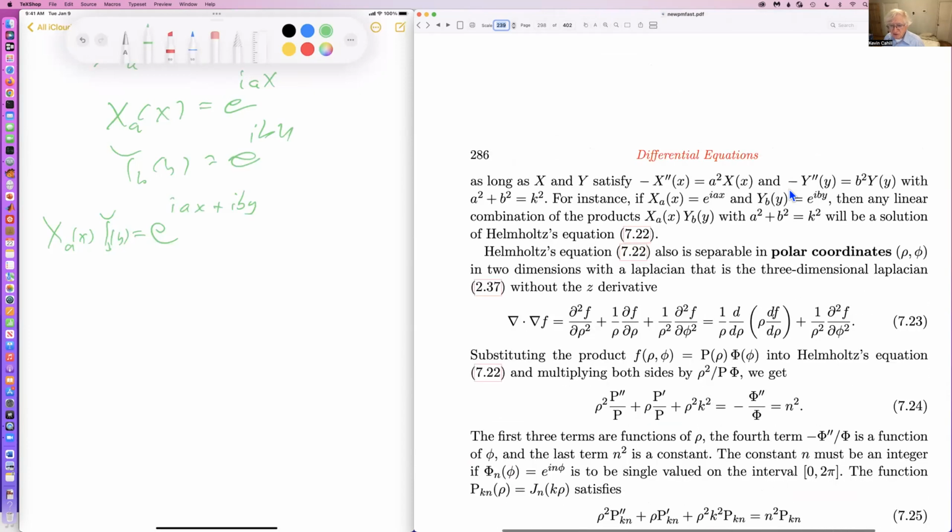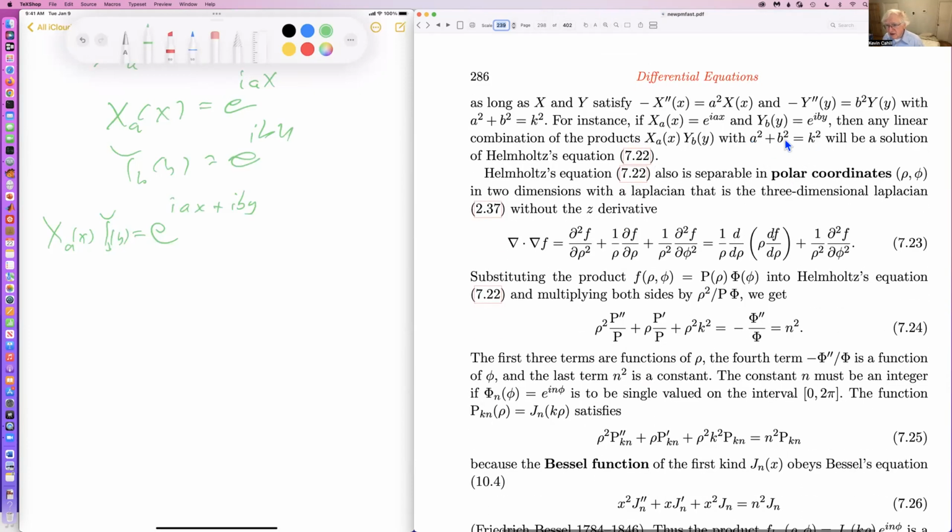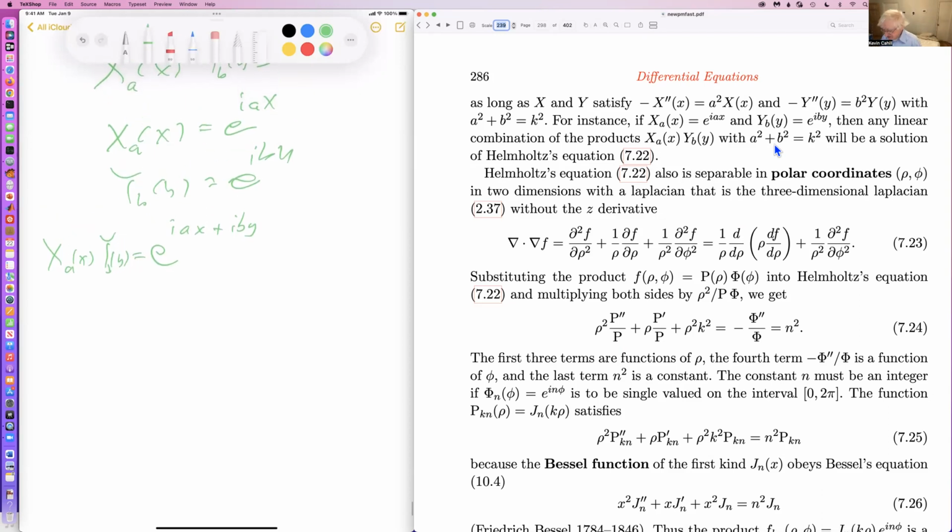So in other words, we want to restrict a squared plus b squared to equal k squared.